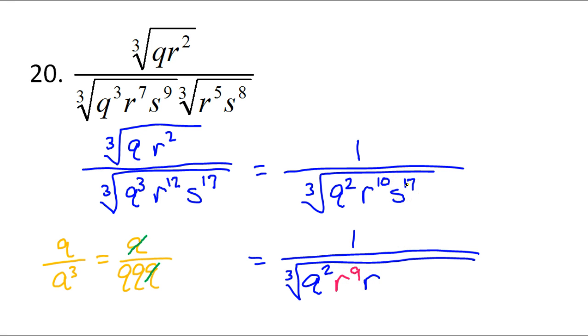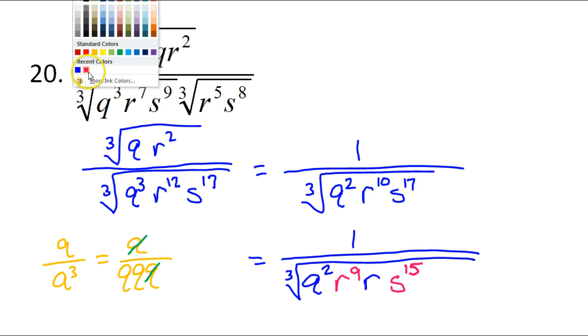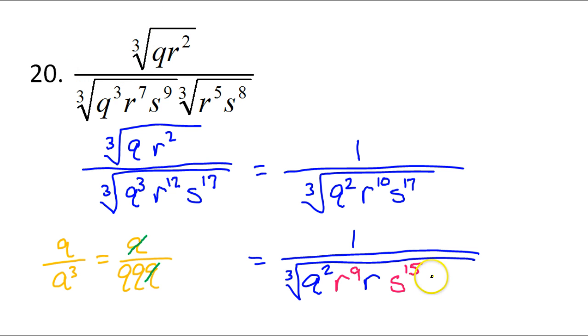Doing the same thing with the s to the 17th power. What's the first number under 17 that is divisible by 3? 15. So I will put s to the 15th power, and how many s's are left over? So I will then have s squared, all right, for a total of 17 still.